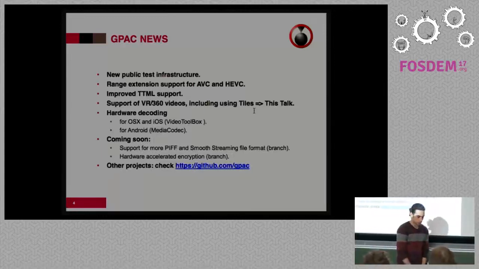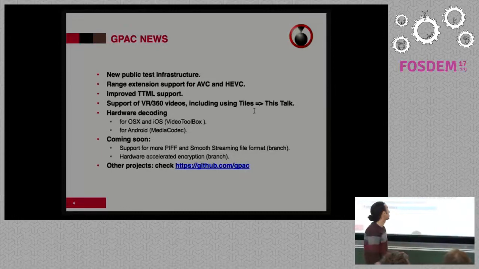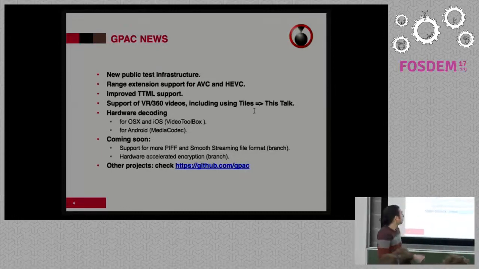And we are working on a branch to support more PIFF and smooth streaming file formats, and hardware acceleration in encryption. We also have a lot of interesting projects which you can check on our GitHub.